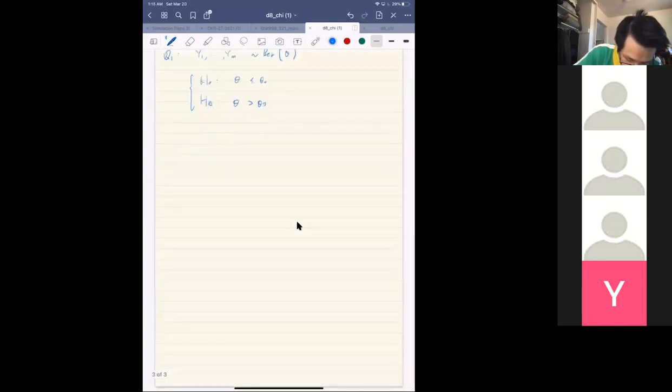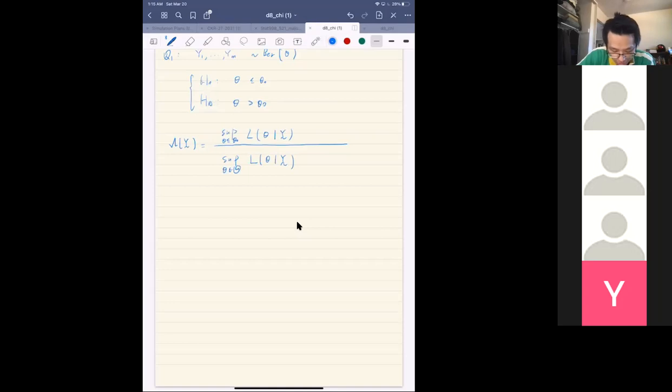We want to find the likelihood ratio test. Let's say this is a likelihood function, and this is another likelihood function. The numerator is the supremum over all theta smaller than theta zero, and the denominator is over theta belonging to the whole space.